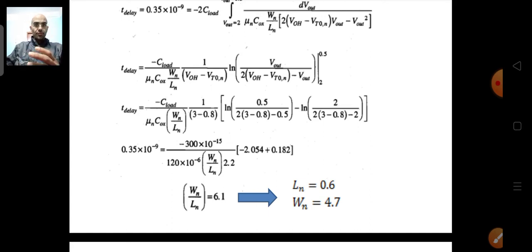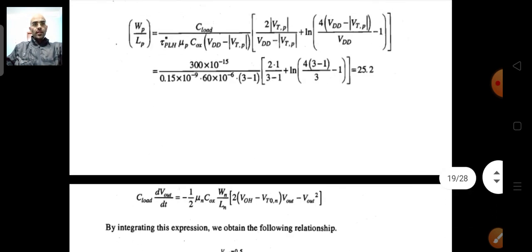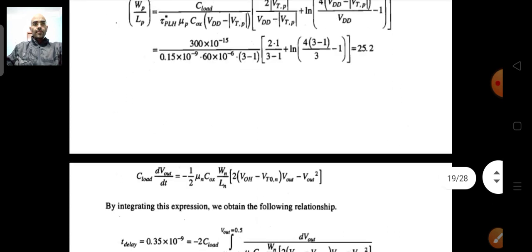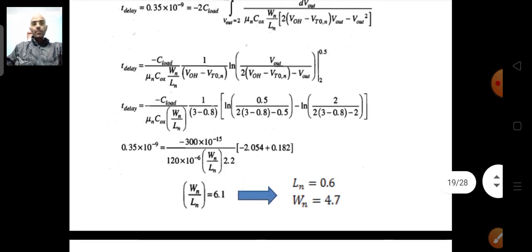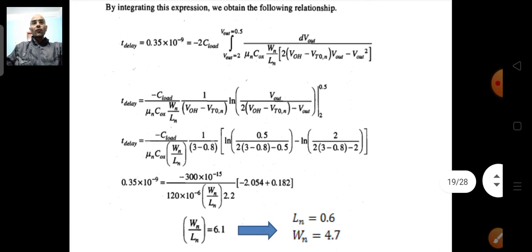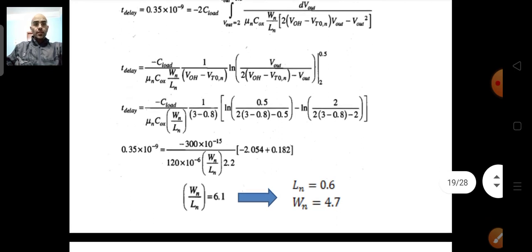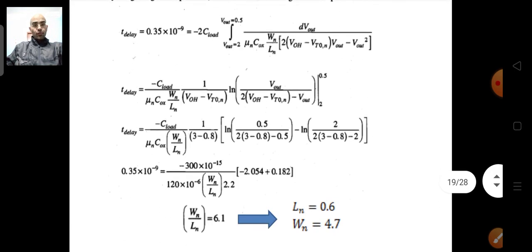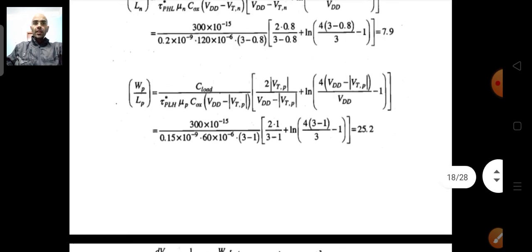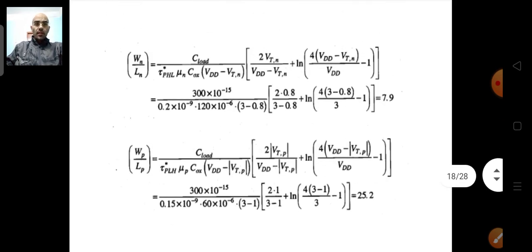That particular case is called the worst case scenario. If you choose a W by L of 6.1 for the NMOS, then you may be able to meet the constraint of your fall time of 35 nanoseconds. But if you choose 6.1, then we will not be able to meet the constraint of tau PHL.